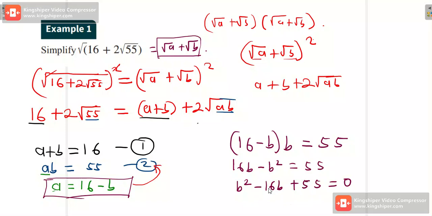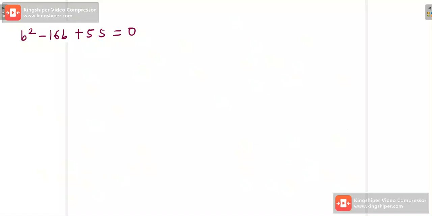So let's look at those numbers. When you take 55, we have two factors, that is 11 and 5. But when we add 11 to 5, we will get 16. We are not going to get negative 16. So for us to get negative 16, we negate the two. So the two factors will be negative 11 and negative 5.